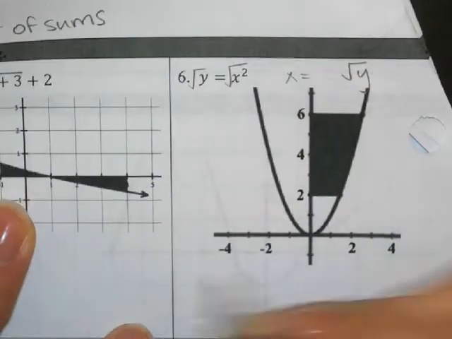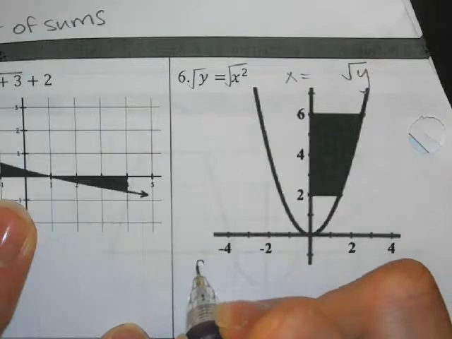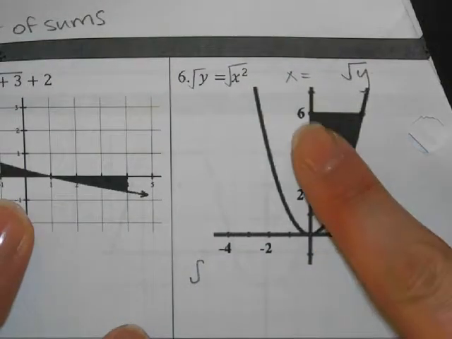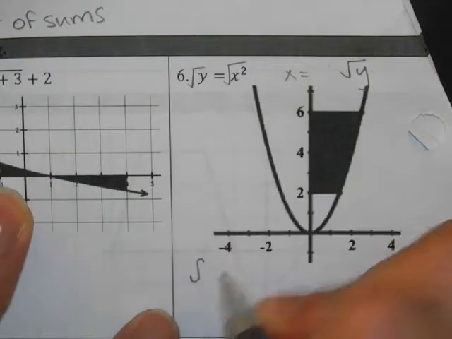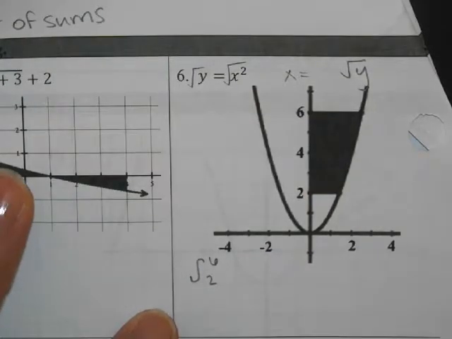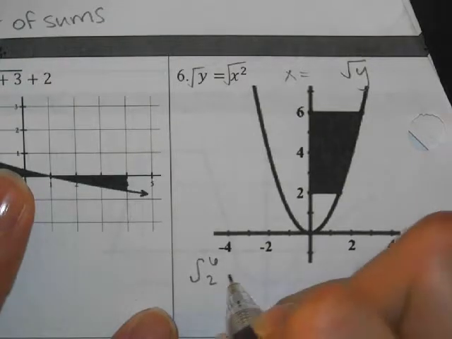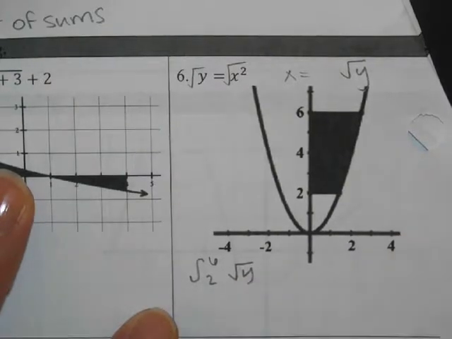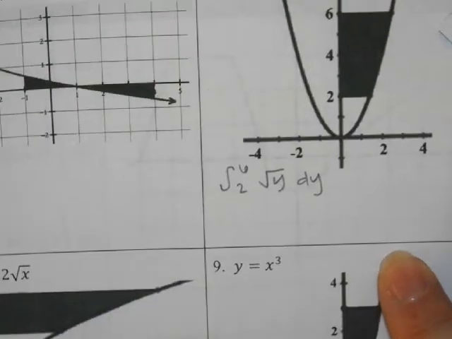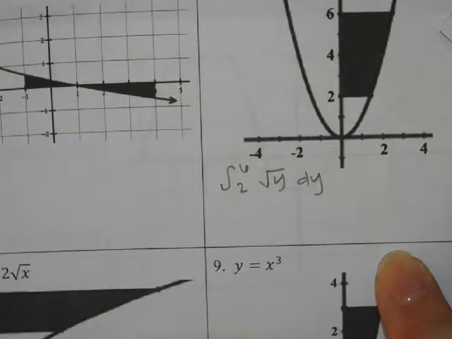So that means our lower bound is 2, our upper bound is 6. Our function is square root y, and then that's our height, and our width is dy. Good.